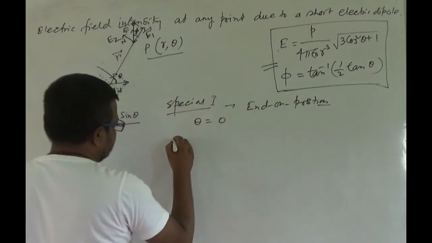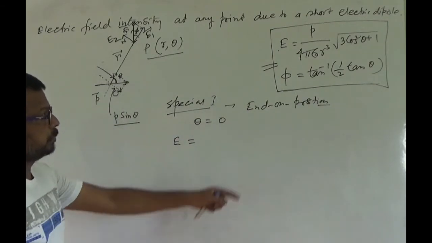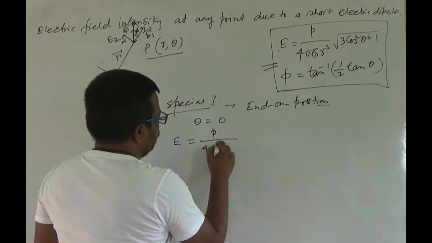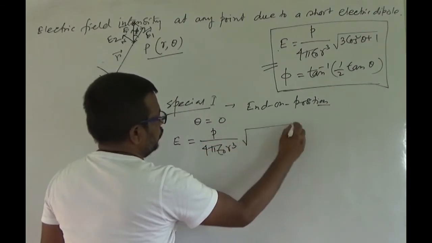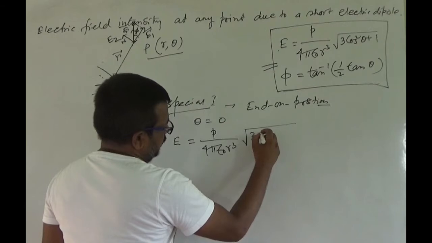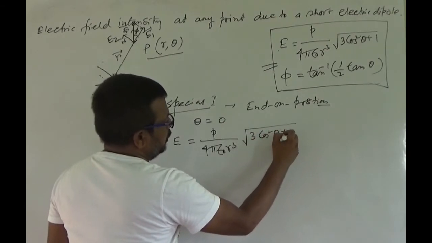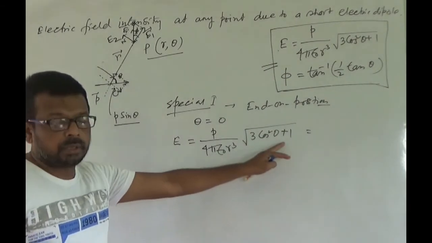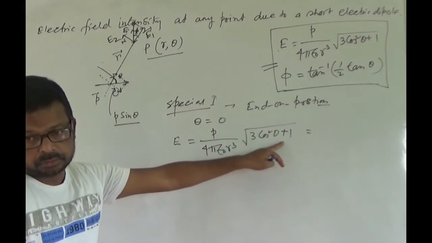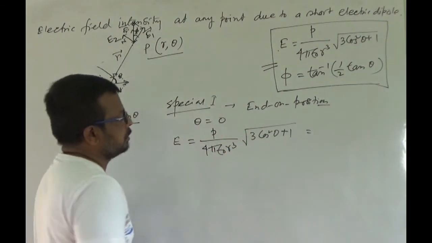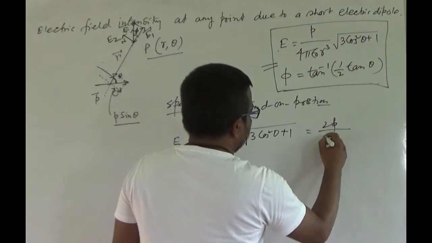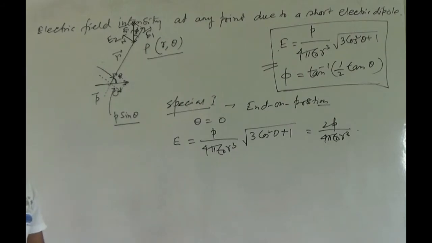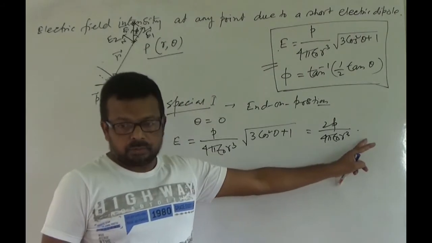And for that case, E will be equal to, put here, P by 4 pi epsilon naught r cube root over 3 cos square 0 degree plus 1. Cos 0 is 1. That means 3 plus 1, 4. Root 4 means 2. That means you get 2p divided by 4 pi epsilon naught r cube. And this result we have deduced earlier.